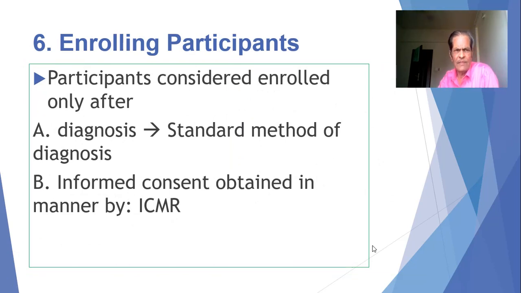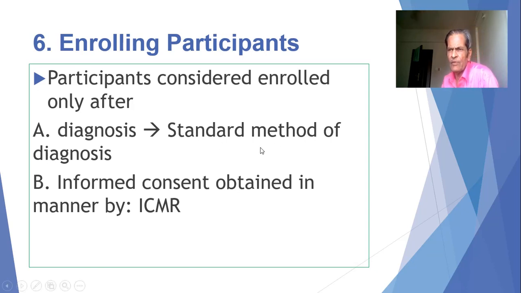Then the sixth step required to be described is enrolling the participants. The participants are considered enrolled only after the diagnosis is made by the standard method of diagnosis. And the standard method of diagnosis must be mentioned in the material and methods.